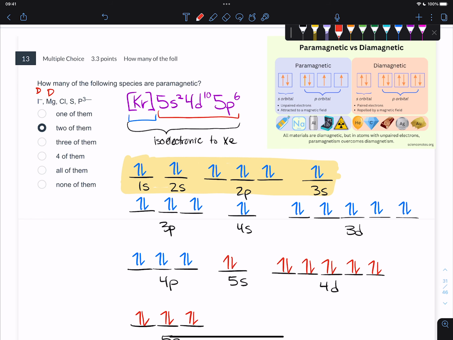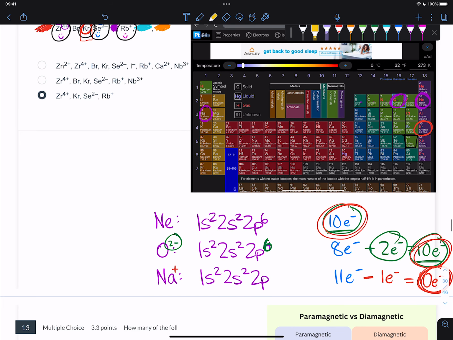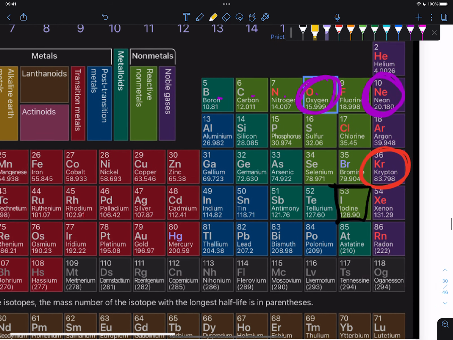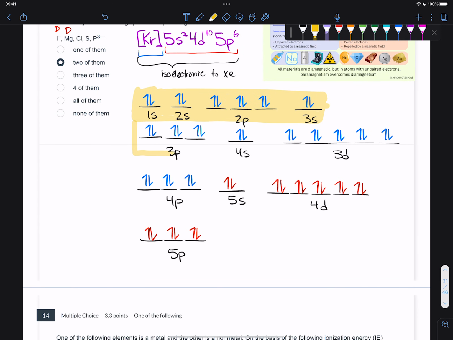What about the chlorine? Neutral chlorine. So let's expand that. I'm going to highlight what makes chlorine now. Chlorine is not completely at the end of the 3p. So chlorine would be this stuff. I will edit it. Hold on, make it different now. If I were to do chlorine, it would look like this.